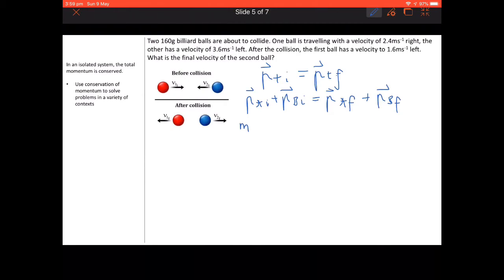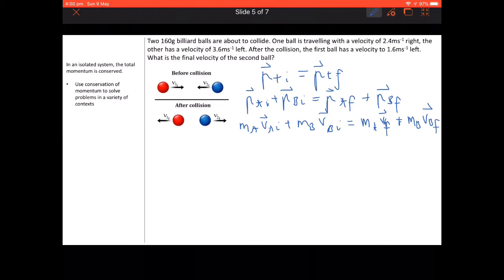Therefore, the mass of A by the initial velocity of A plus the mass of B by the initial velocity of B is going to be equal to the mass of A by the final velocity of A plus the mass of B multiplied by the final velocity of B. So that is just saying that the total initial momentum is going to be equal to the total final momentum.